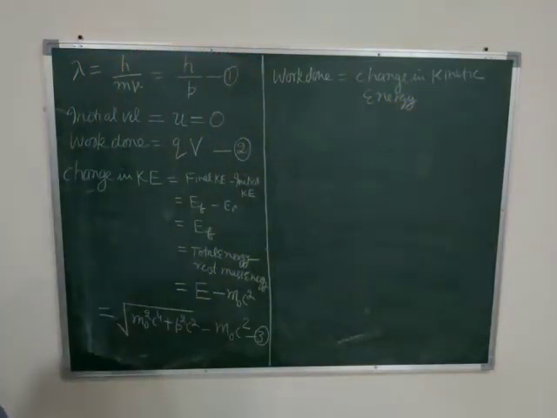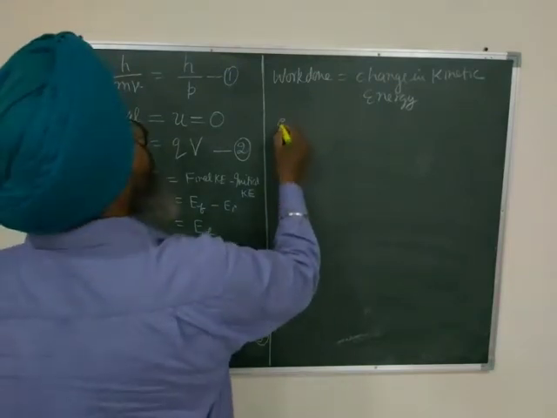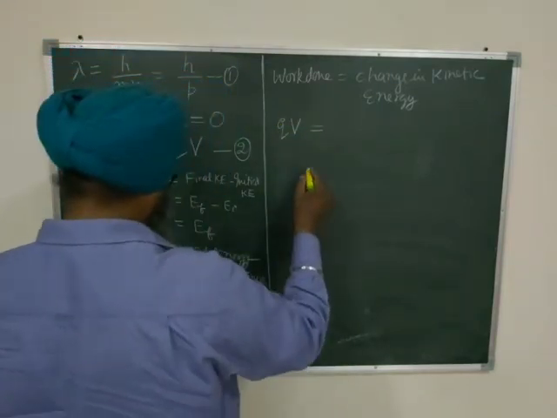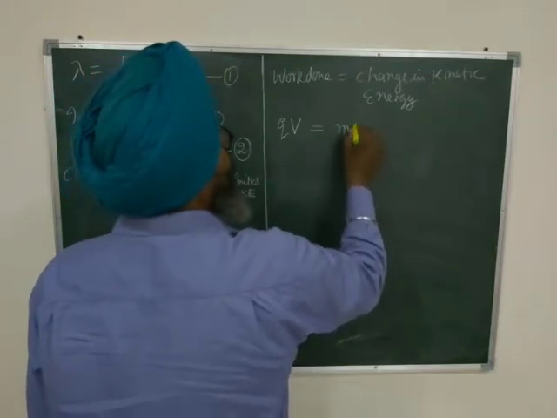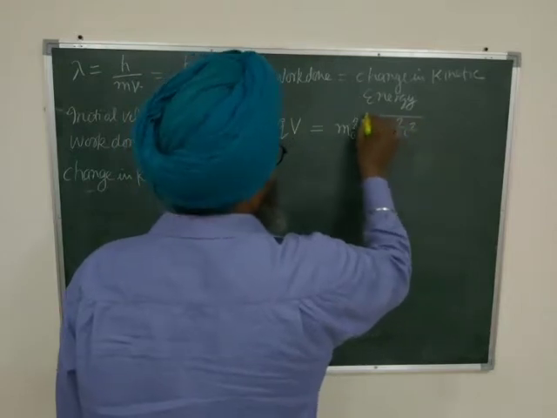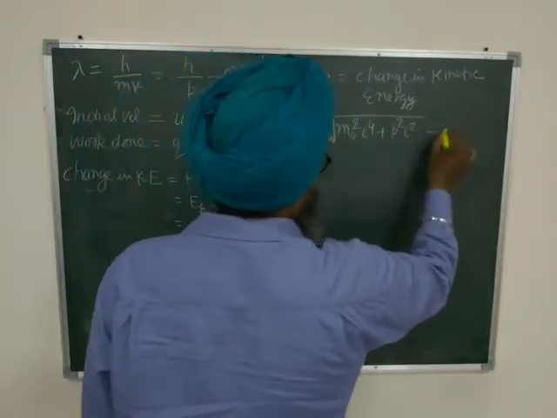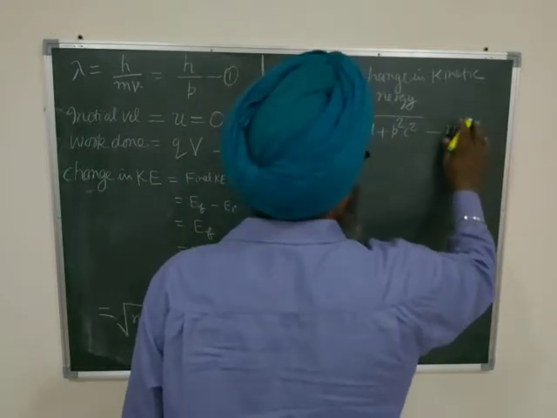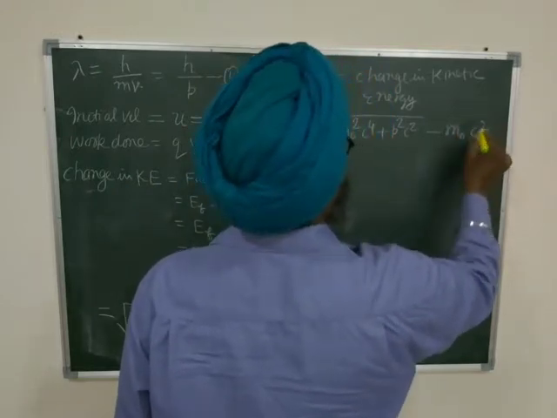The left hand side of this equation will be QV, and the right side will be equal to the square root of m0 squared c to the power 4 plus p squared c squared, minus m0 c squared.